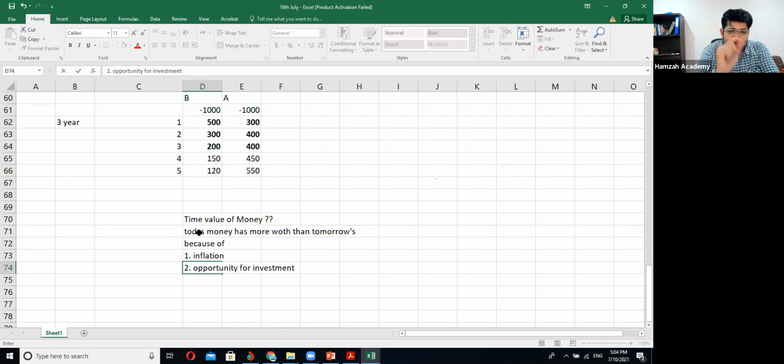Second, you can invest 100,000 today and make it double in 1 month. But if you get it in 1 month, you will only get 100,000. And the third is the risk and uncertainty attached. It is sure that you are going to get 100,000 today, but it is not sure whether you'll get it tomorrow, next year, or not.